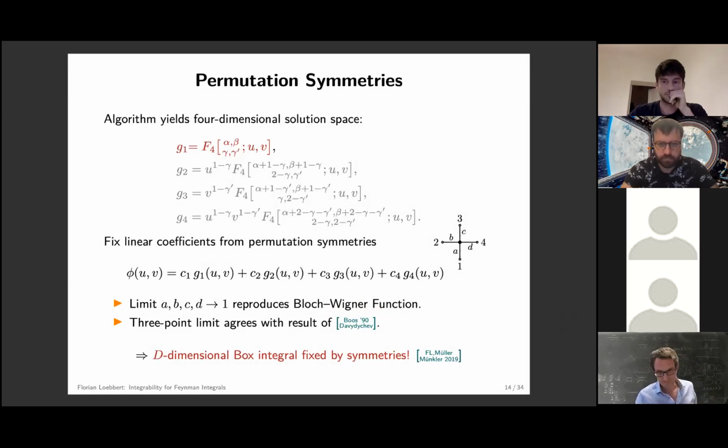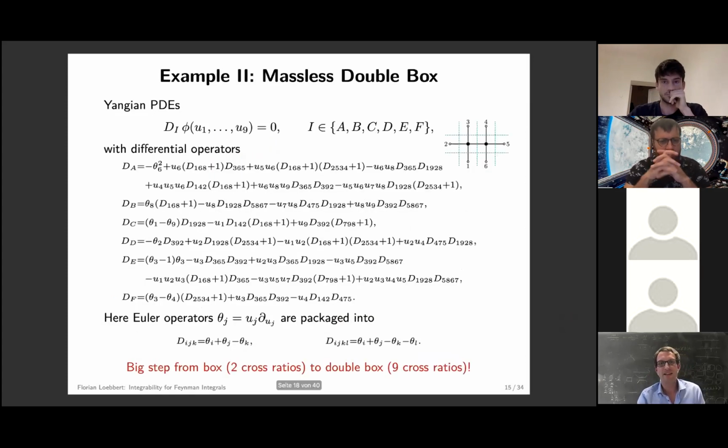Of course, it would be much more interesting to look at examples which are not known. And here the next-to-simplest example of these square fishnets is this double box integral, which of course has a much larger number of conformal variables as opposed to the box integral, which had 2 variables.